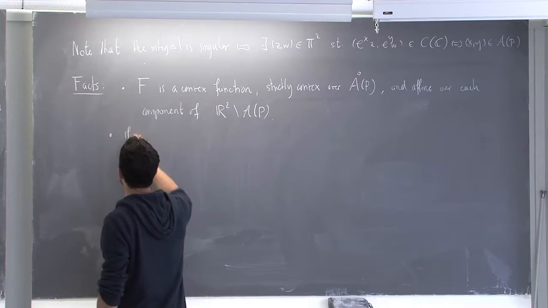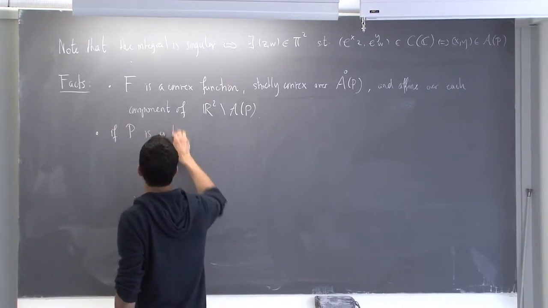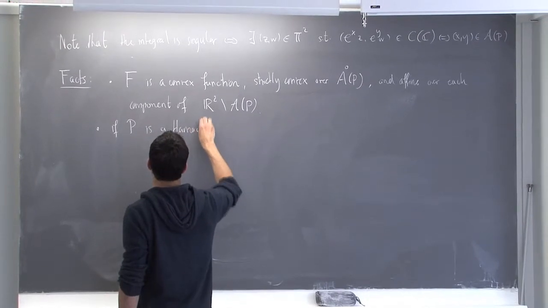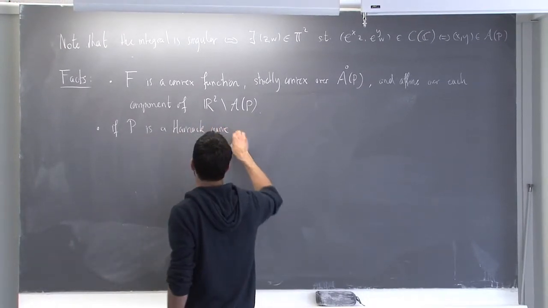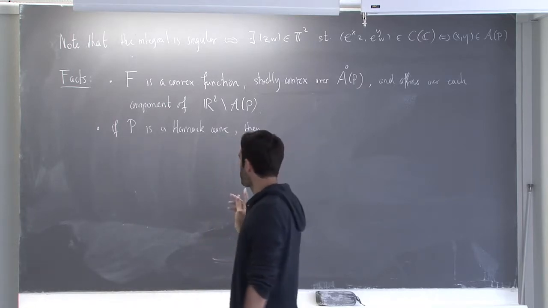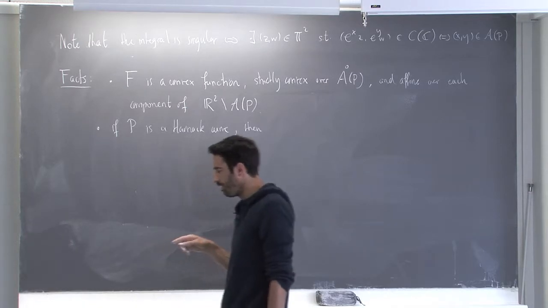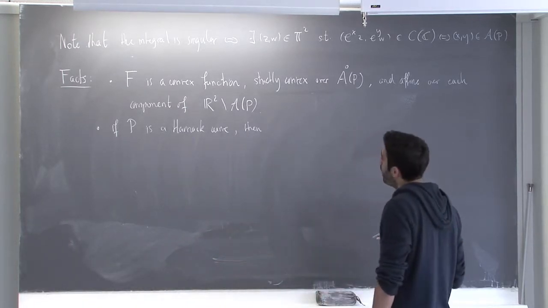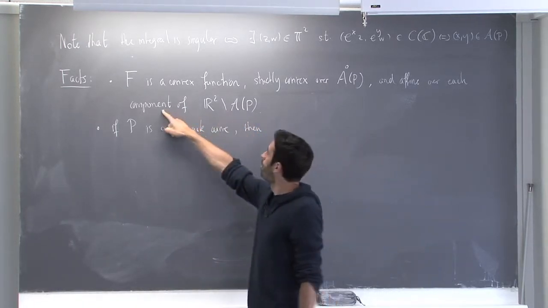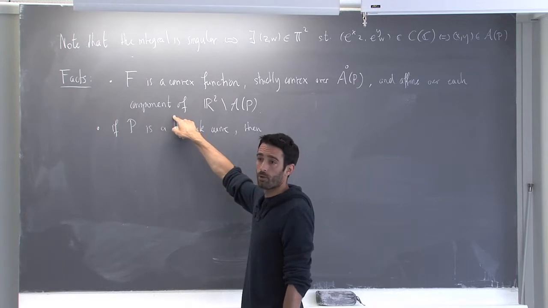Moreover, if P describes a Harnack curve, then remember in this case, the components of the complement correspond to the integral points of the Newton polygon.